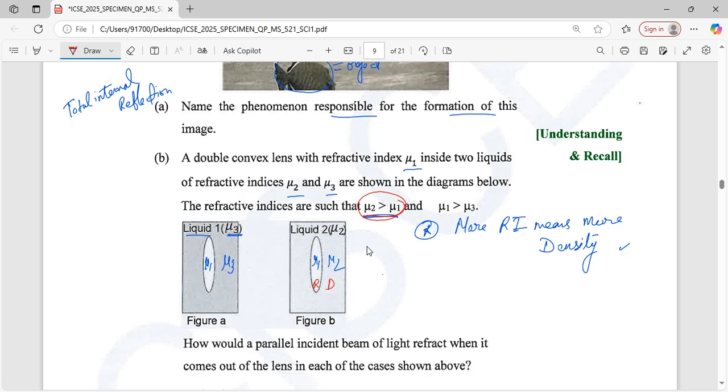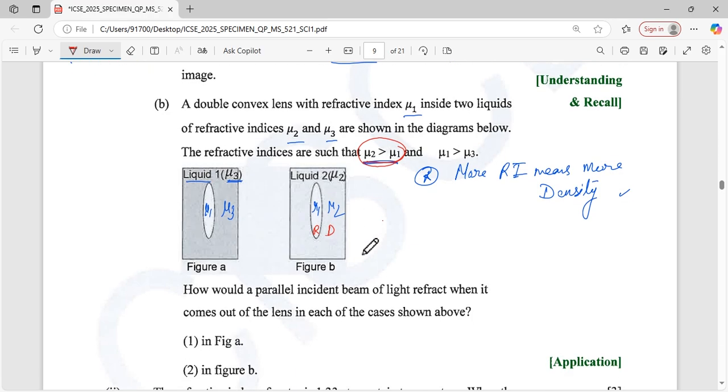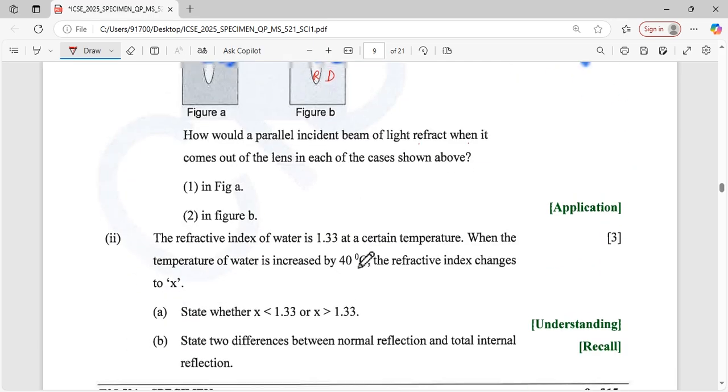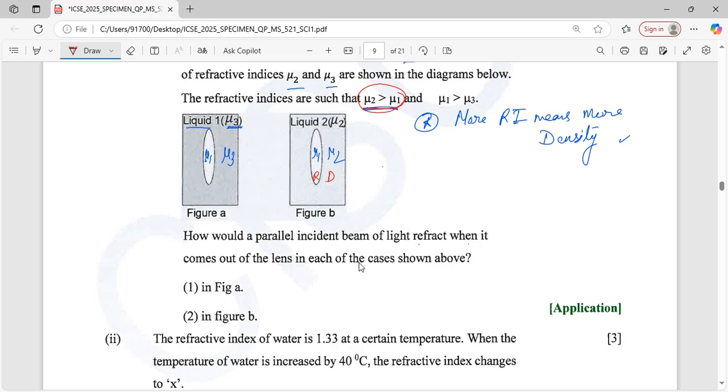Okay, a parallel beam of light refracts when it comes out of the lens in each case. So first, consider figure 1.